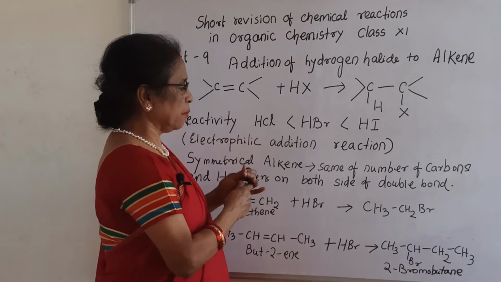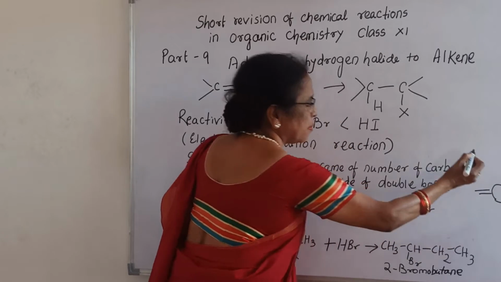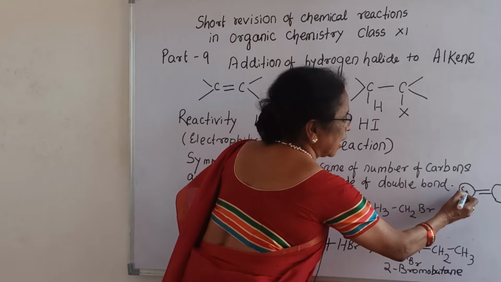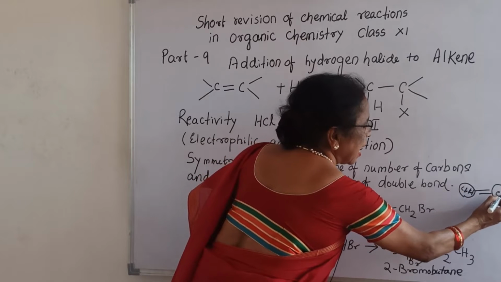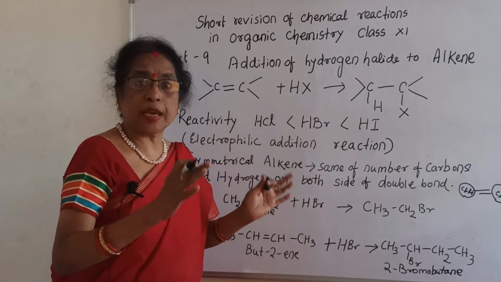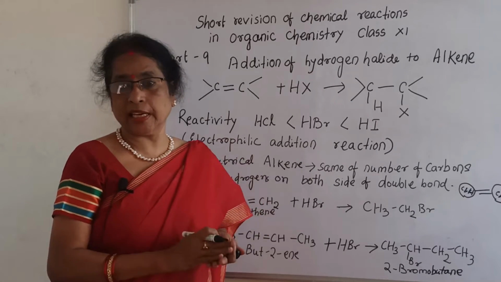You will observe the number of carbon and hydrogen on one side, and also on the other side. If they are the same in number, then it is called symmetrical alkene. I hope it is clear.